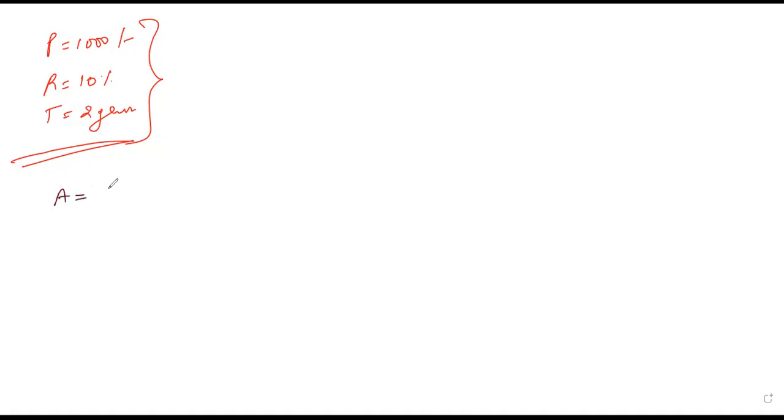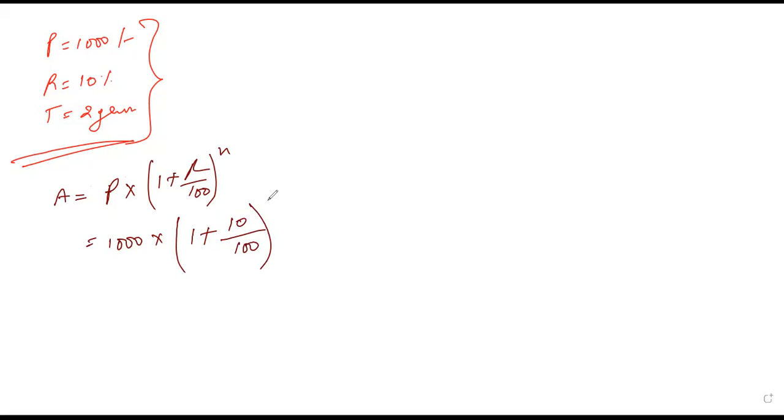So amount would be equal to P into (1 plus R by 100)^N. Now you place all the values. So here it is 1000 into (1 plus R, which is 10%, by 100)^N, and N would be 2 over here. And like this, you can solve it out.